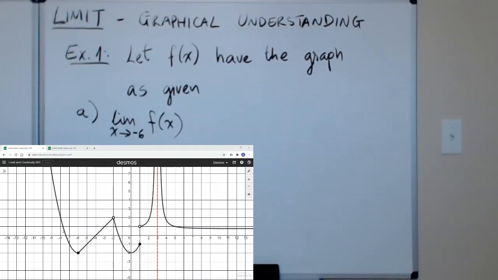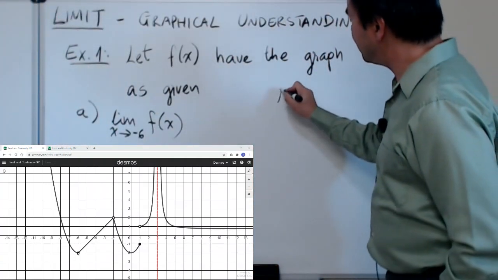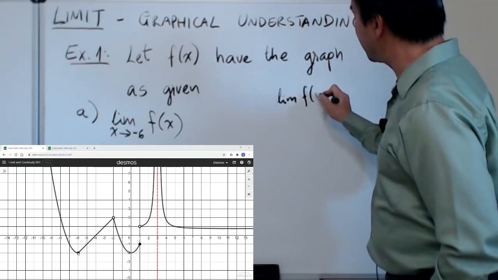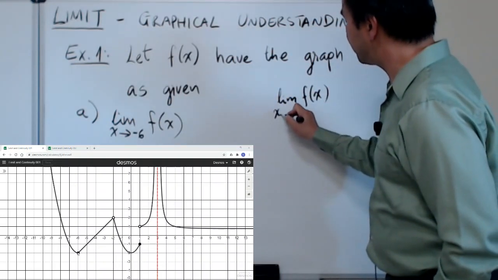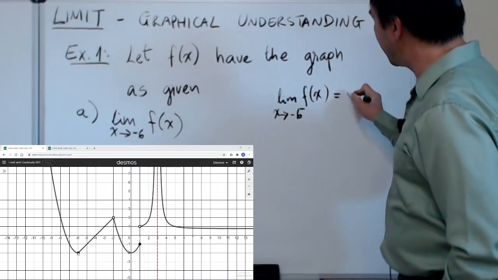By using our visual sense, I'm estimating that the height, the limit here, drops down to about -2. But I'm getting close to -6 from the left-hand side. So this is our main target of the problem. But let's work it out a little bit. So since the limit from the left-hand side, coming to -6 from the left-hand side, it looks like it's -2.